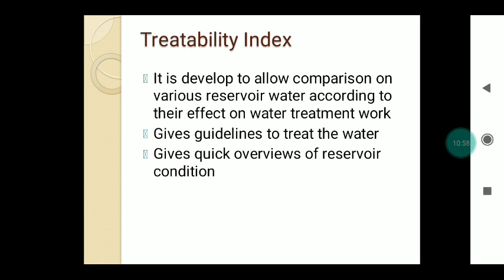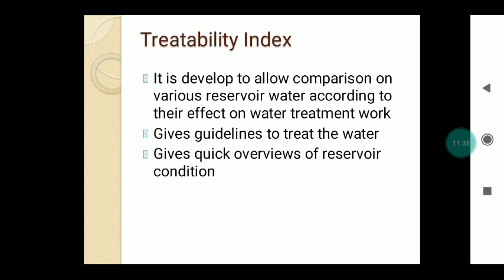So the next point is the treatability index. It is very important and it is developed to allow comparison of the various reservoir waters according to their effect on a water treatment unit. It is very essential to know the treatability index of the reservoir for further treatment in a water treatment plant, and it gives clear guidelines to treat the water in a particular way, how many treatment units are required for treating that water from the corresponding reservoir, and it gives a quick overview of the reservoir conditions.